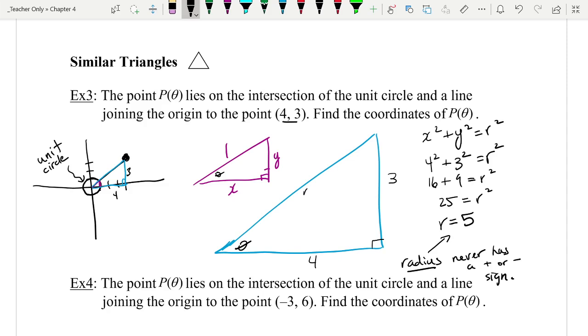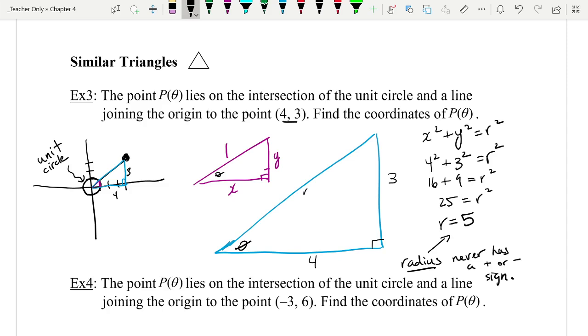How do you define what direction it's going in? You could maybe think about its slope being positive or negative, but in terms of its distance and its length, it can't have a negative length. Actually, even the x and y lines can't really have a negative length. By definition, length can't be negative, but it can have a negative length in a particular direction. But it's hard to define that direction when you're talking about a radius, because radius can be oblique. So don't worry about plus or minus when you're solving for the radius.